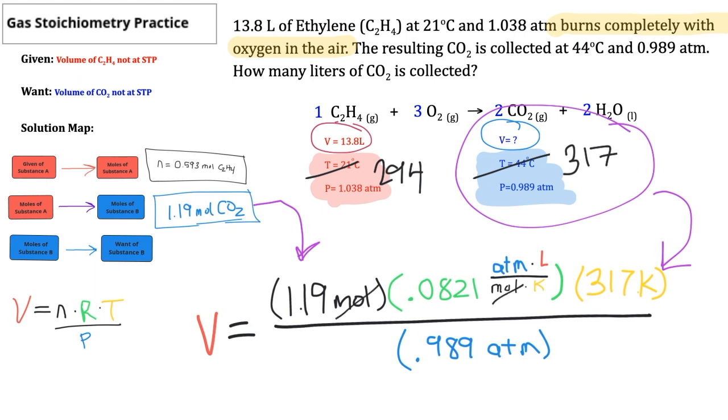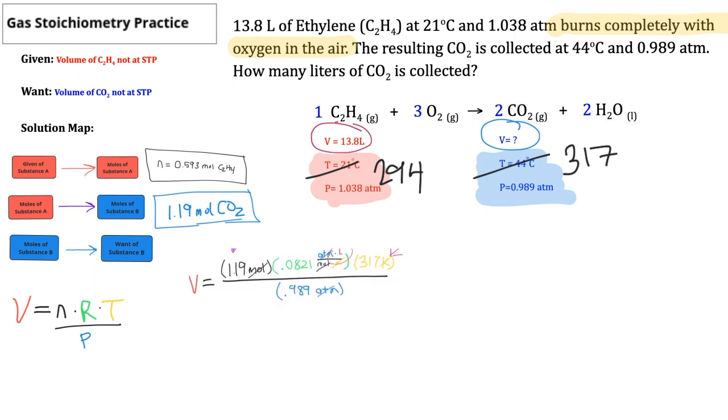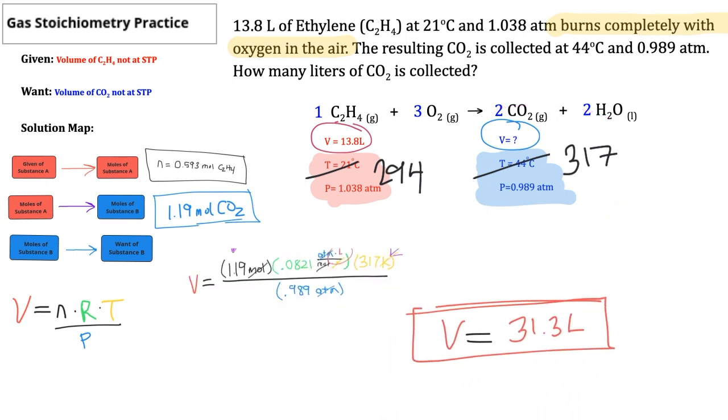Again, noting that the units in all the variables in the equation will cancel out with what units are in the gas law constant, leaving only the unit that we're solving for. And if we compute this, it gives us our final answer, which is 31.3 liters.